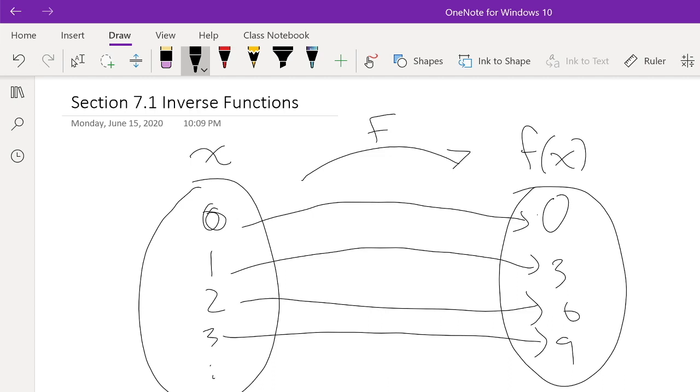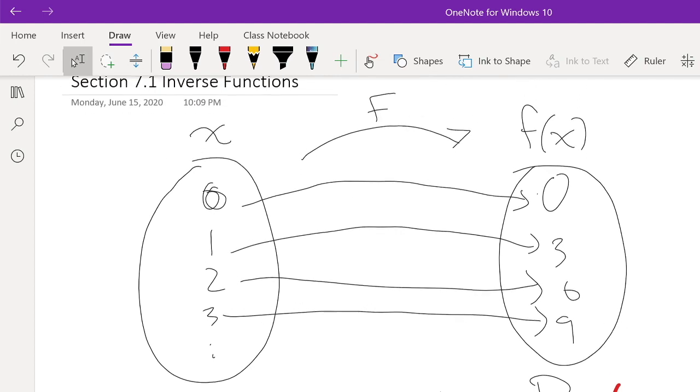So D for domain and the set R for the range. We can think of it as a mapping from one set onto another.